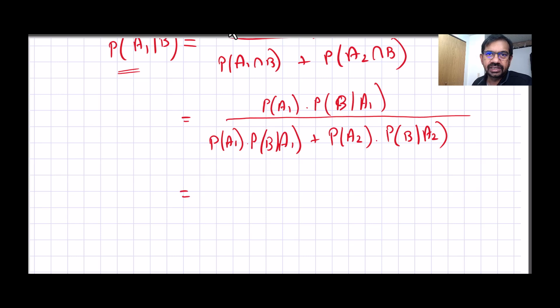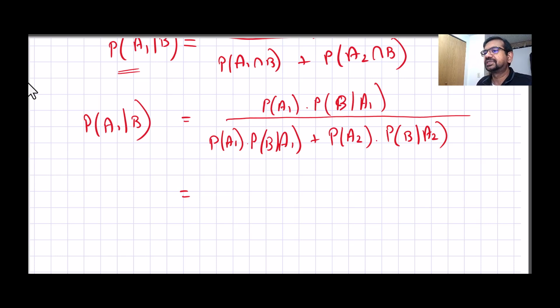So in a nutshell, this is the theorem or statement of Bayes' theorem. It is giving us the posterior probability of a part being bad. What is the likelihood that that part came from one of our two options.